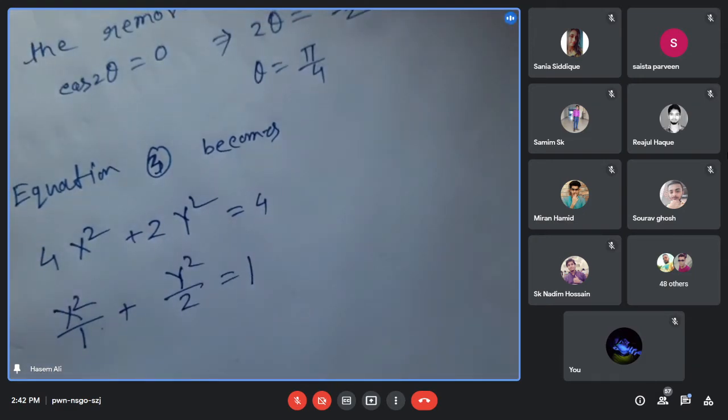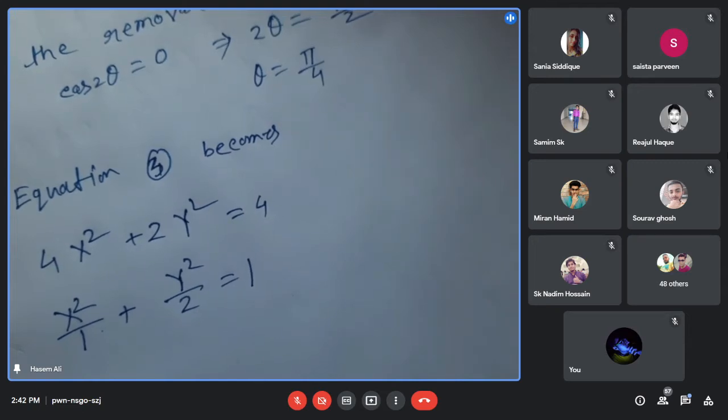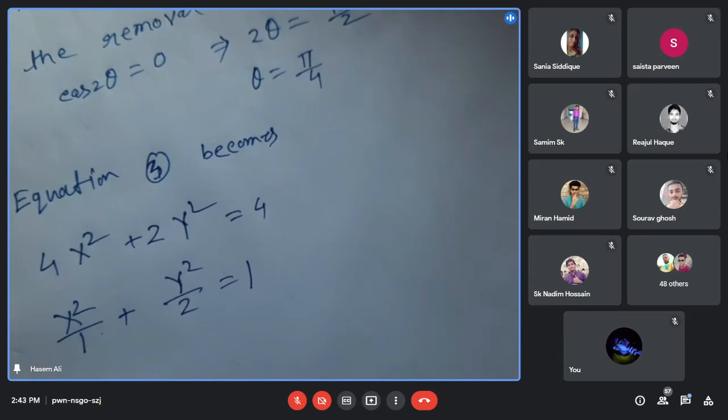Which curve is x square by 1 plus y square by 2 equals 1? Sir, ellipse. Yes, this is an ellipse. X square by a square plus y square by b square equals 1.